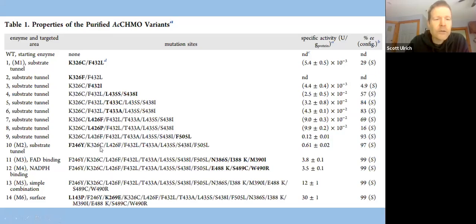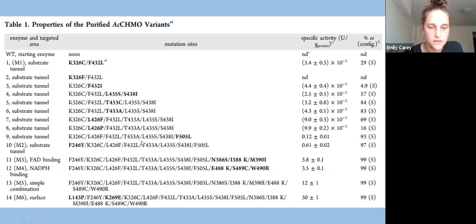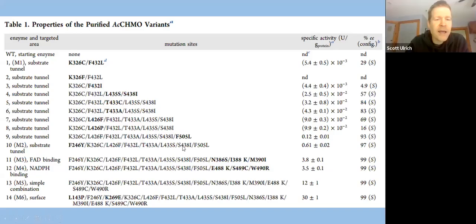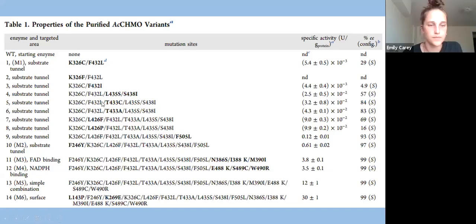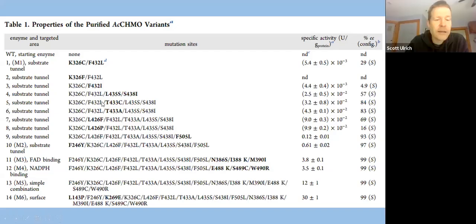I see. Okay. So if you look at 5, it has 5 mutations, and when they changed 5 to 6, they just changed what the mutation was at position 433, but everything else is not changed. Okay. Yeah.